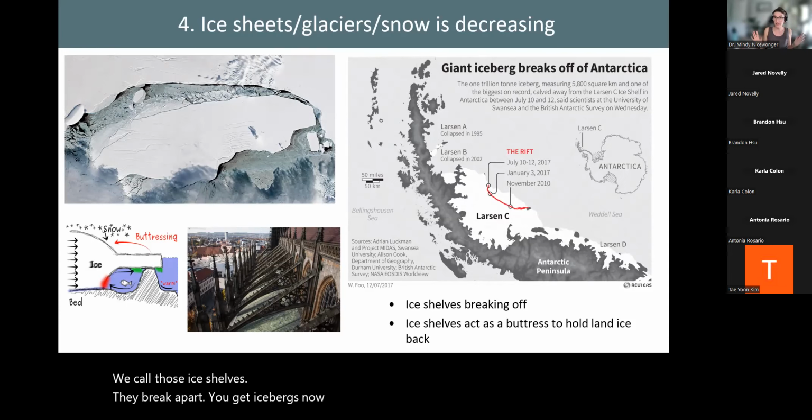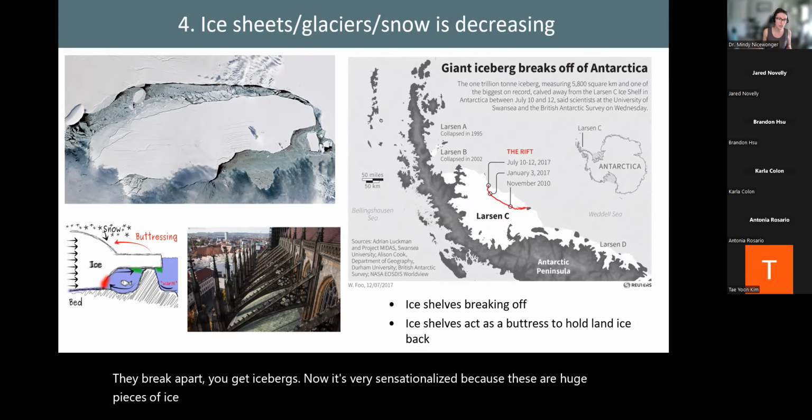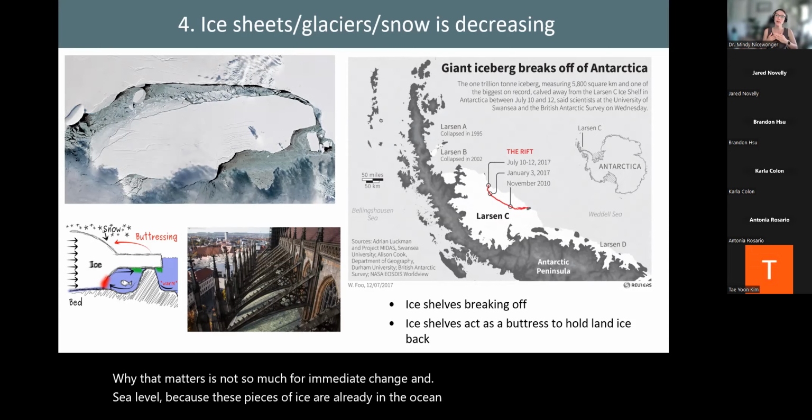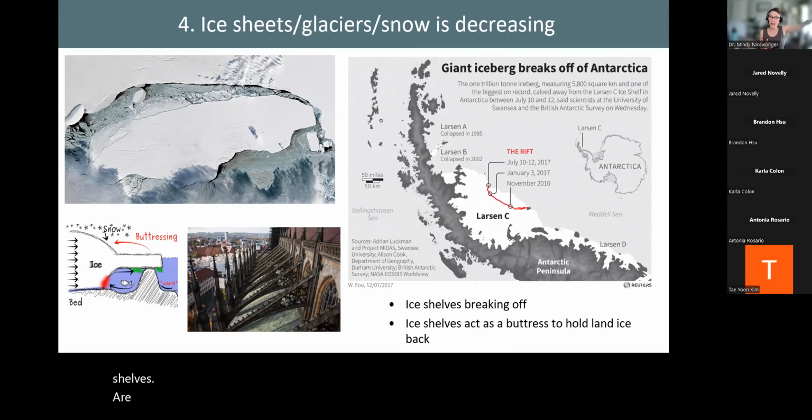It's very sensationalized because these are huge pieces of ice, the size of Chicago or the size of Manhattan, that have come off of Antarctica. Why that matters is not so much for immediate change in sea level, because these pieces of ice are already in the ocean. What matters is that these ice shelves are helping to keep the ice on land on land.